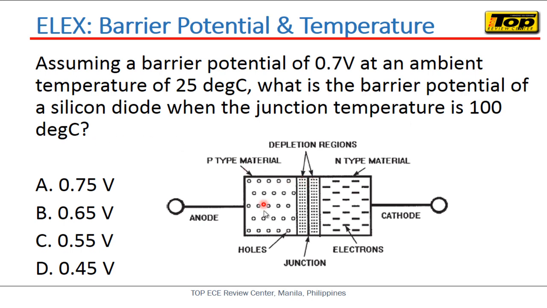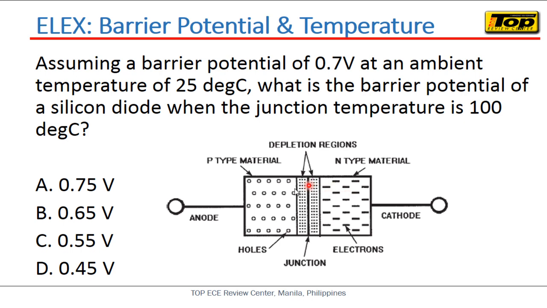Okay, so this is an example of a PN junction. As we can see here, this is a diode. Meron tayong junction between the P-type material. Ito yung mga solid state material that has been doped with an extra hole or extra holes. And ito naman yung mga material doped with extra electrons.